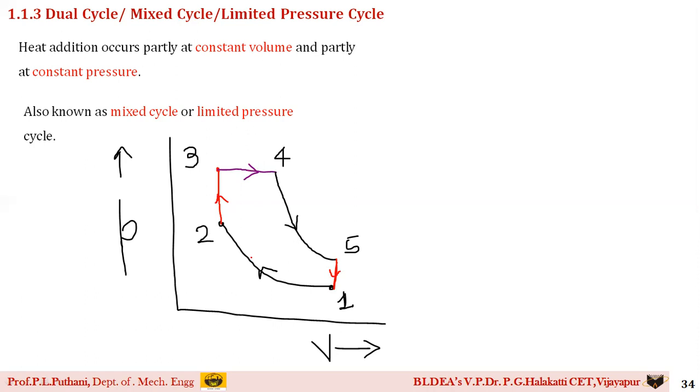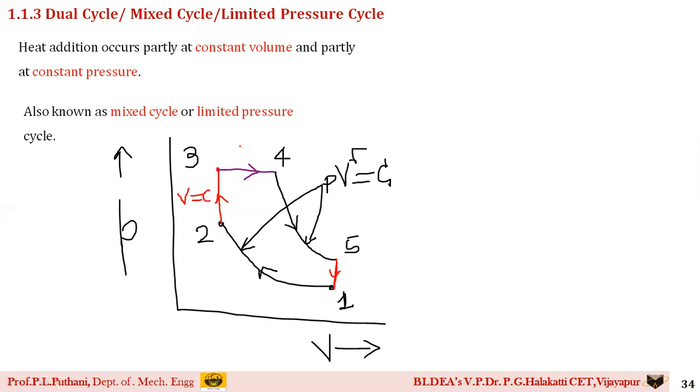If I label these processes, it is somewhat like this. That is, 1 to 2 and 4 to 5 are reversible adiabatic processes, that is P V to the power of gamma is equal to C. Then the 2 to 3 process is a constant volume process.